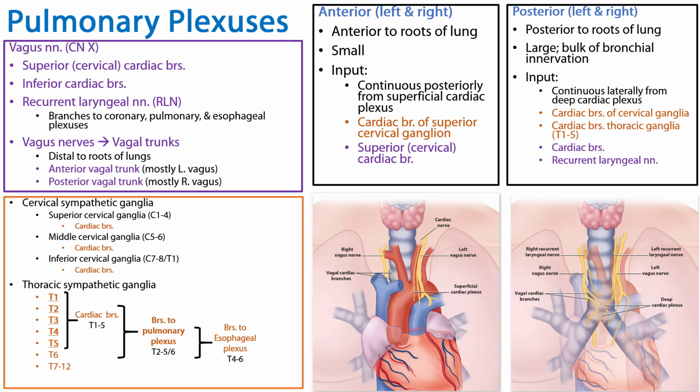So we've discussed the autonomic innervation of thoracic viscera, the cervical and thoracic sympathetic trunks, and where they get their input from. We've also discussed the pathways and branches of the vagus nerves and the anterior and posterior pulmonary plexuses, both left and right, and how they're in very strong communication with the superficial and deep cardiac plexuses, respectively. This is your summary slide. Thank you for your time.